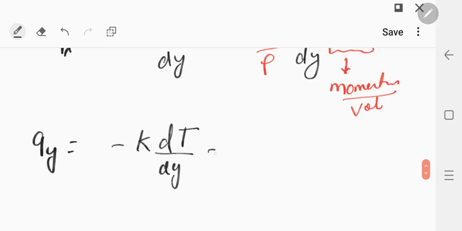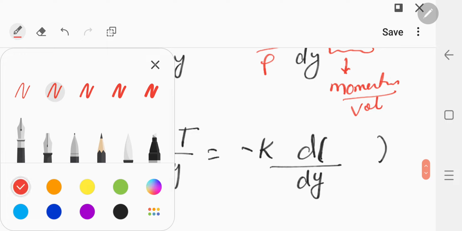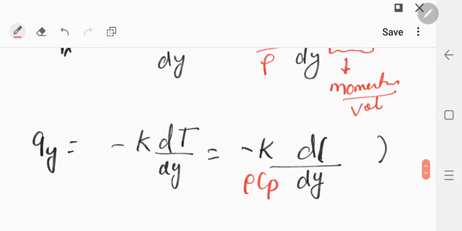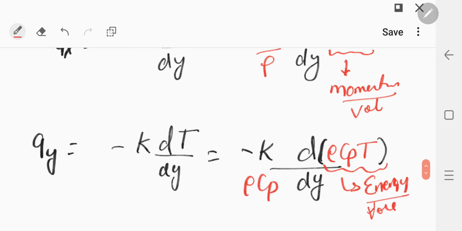This can also be rewritten as minus k over rho Cp, if we multiply and divide by rho Cp, into d(rho Cp T) by dy. Now what is this term? We can write it as energy per unit volume.